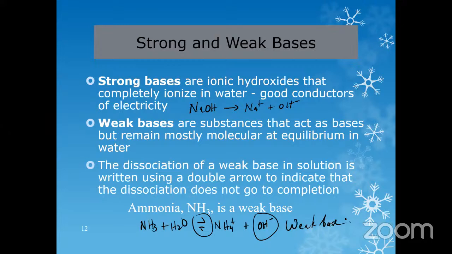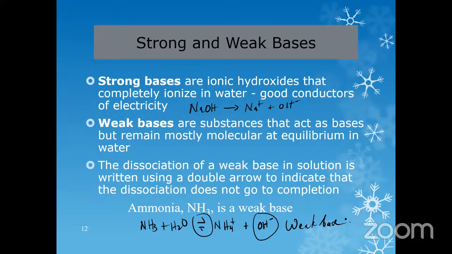In the case of ammonia, when it's added to water, it undergoes dissociation to form hydroxide ions and the ammonium ion, but it's a back and forth. It's an equilibrium situation, and therefore, because of that back and forth, the concentrations of the ions are reduced compared to strong bases like sodium hydroxide. So again, how can you tell the difference between strong bases and weak bases?